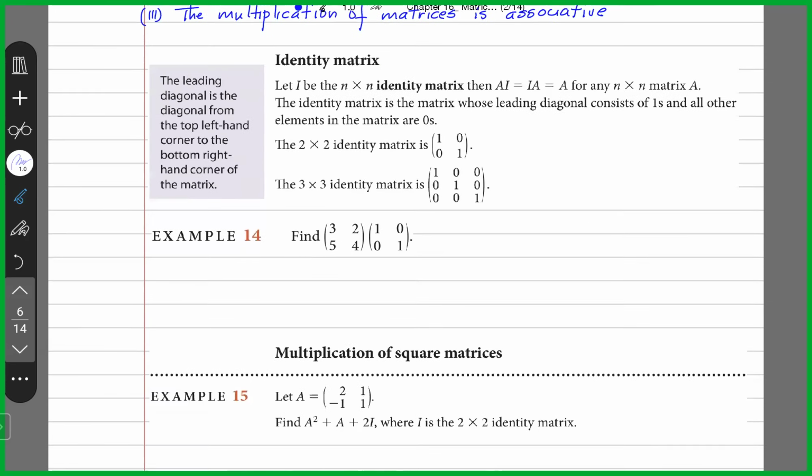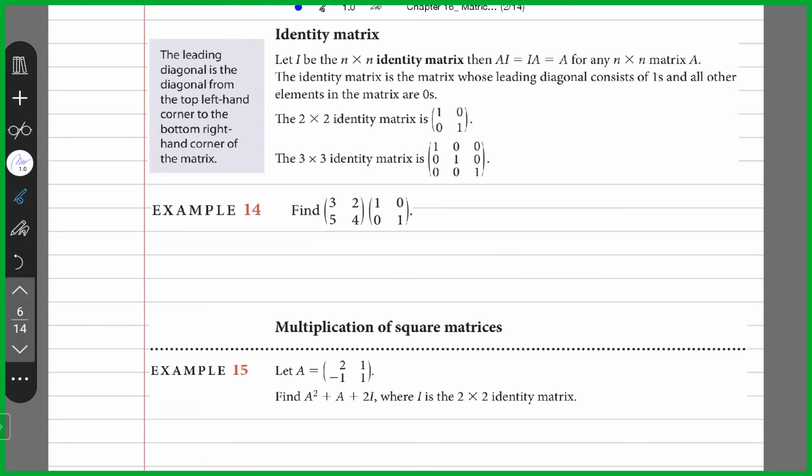Let's talk about the identity matrix. The leading diagonal is the diagonal from the top left corner to the bottom right corner of the matrix. So let I be the n by n identity matrix.